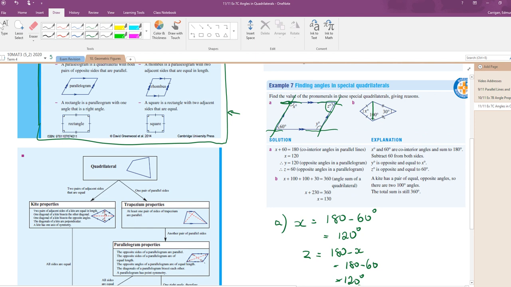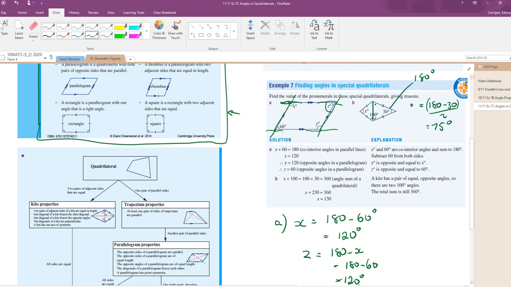So the angles add up to 180 degrees. These two are equal, so the dot is equal to 180 minus 30 divided by 2, because there's 2 of them. So that's equal to 75 degrees.